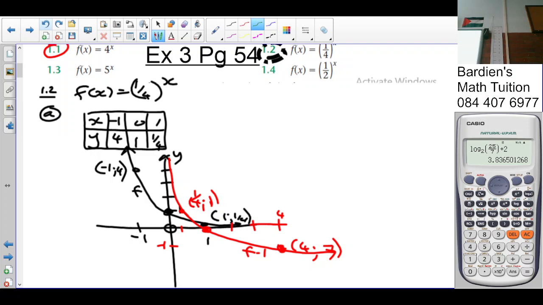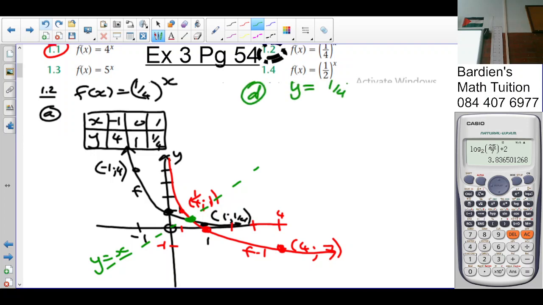C's question was to draw in your line of symmetry, so this y is equal to x. People, this point here is where the two graphs overlap. That is C. D, the question was to write down the equation of the inverse function. So what do we do for the inverse function?